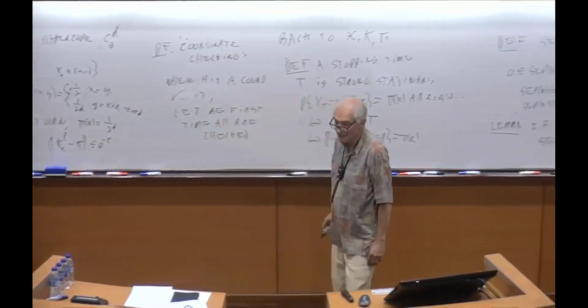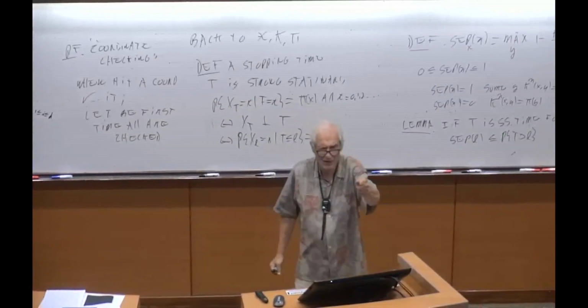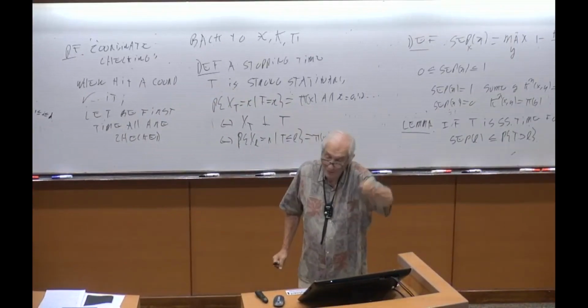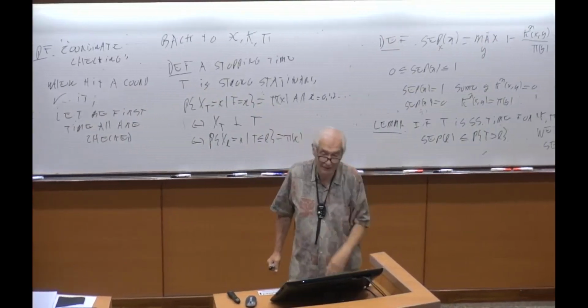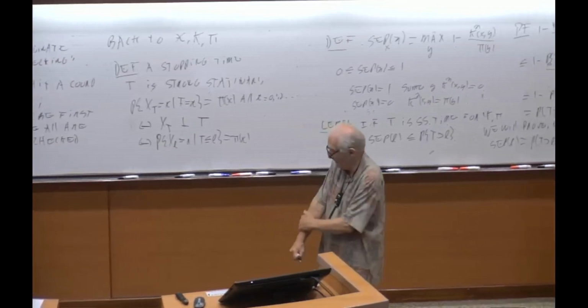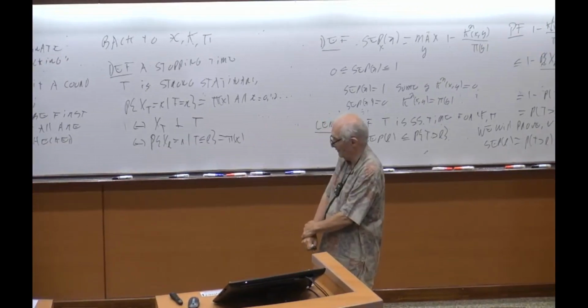And that's a strong stationary time. You can see that once you've checked the coordinate, it's random. And once a coordinate's random, it stays random. I mean, it's a random walk on a product chain.